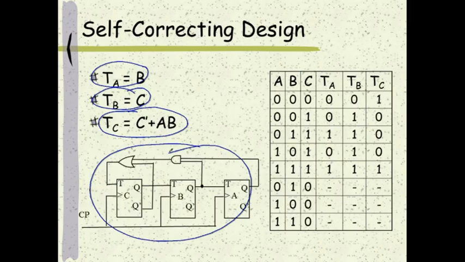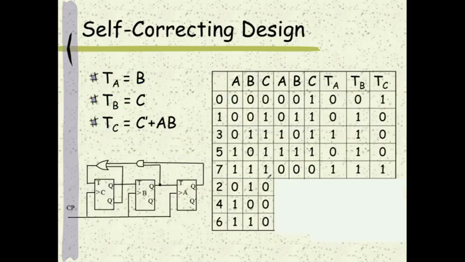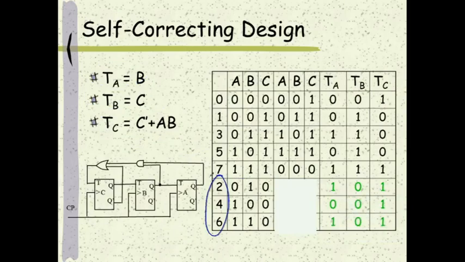Now the question is, once you have a digital circuit here, this circuit is not going to produce don't cares for your system. Whenever your system has a deterministic value, it is going to produce a deterministic output. So when we do a circuit analysis, we realize that in these three cases here, I first figure out the TA, TB, TC values either from this equation or from this circuit here.